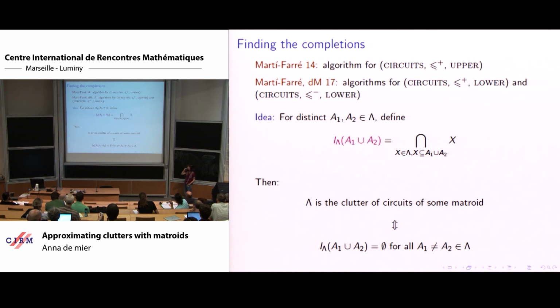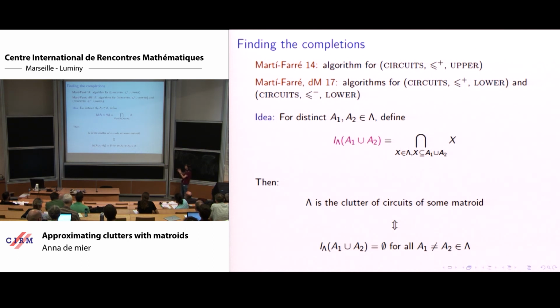It's an easy check. So basically, what our algorithms do is go repeatedly over the clutter, look at pairs of elements for which this intersection is non-empty, and then try to remove elements or add elements to force all these intersections to be empty.